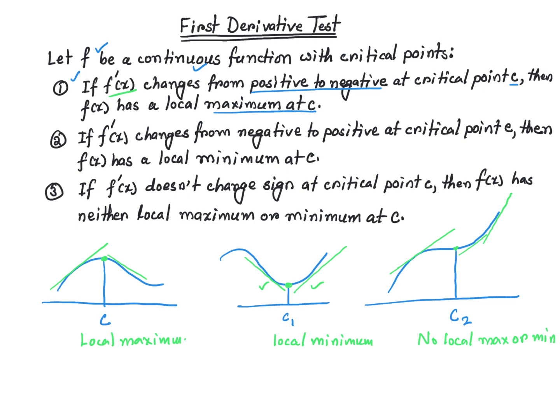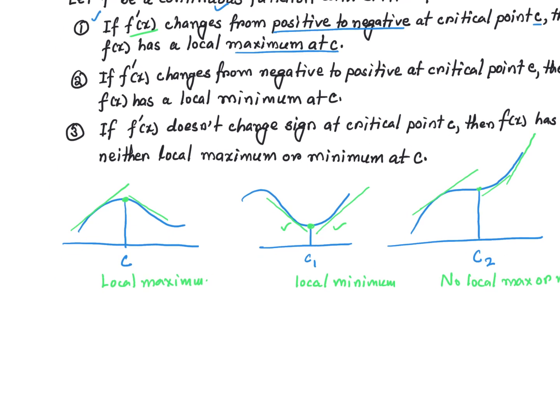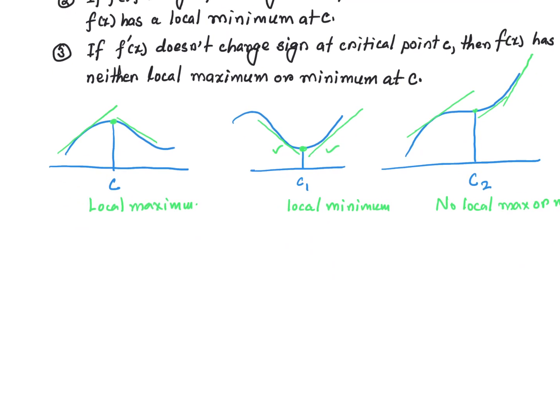There is another scenario you could think of, which looks like this. Let's say you have a function that goes like this, and this is my critical point, let's call it C3.